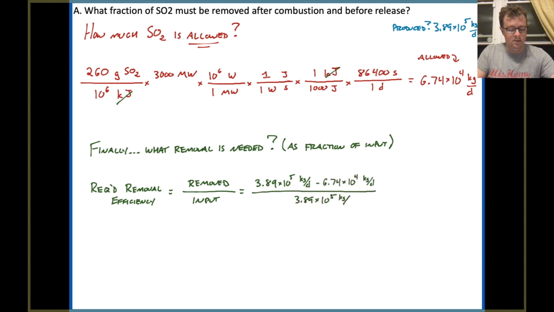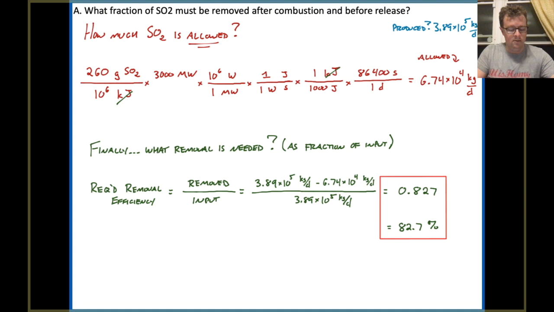So what did we remove? Well, it's the sulfur dioxide that went into that treatment step minus what was allowed to leave. So the difference between in and out must have been removed, and the in goes on the bottom. And so I get about 0.827, or about 82.7% of the input needs to be removed in this next step.